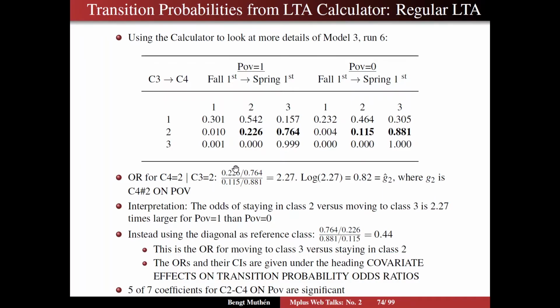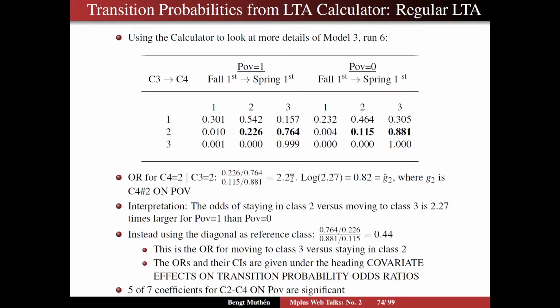So that's probability 0.226 divided by 0.764. That's the odds of staying in the middle class, staying in class 2, for poverty equals 1 divided by the similar ratio for poverty equals 0. So 2 odds divided, giving us the odds ratio 2.27.